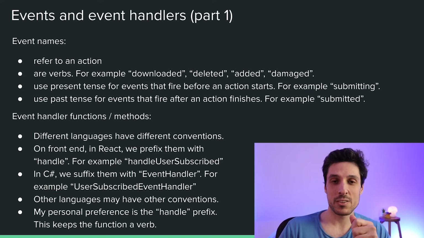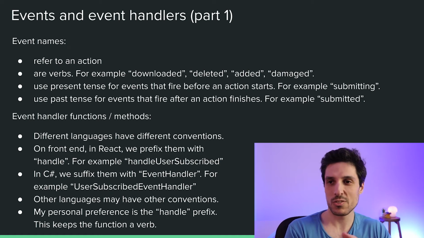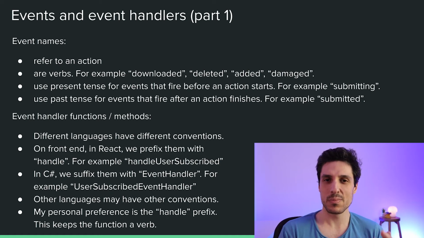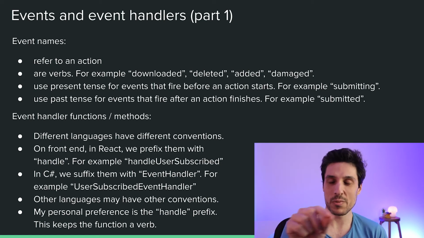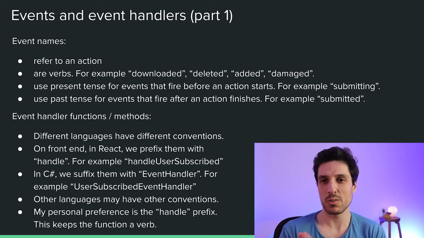Next, event handler functions and methods, all right? With those, there are a couple of different conventions. In front end, you tend to prefix the name with the word handle, and then the name of the event. Some examples are handle user subscribed or handle file downloaded.